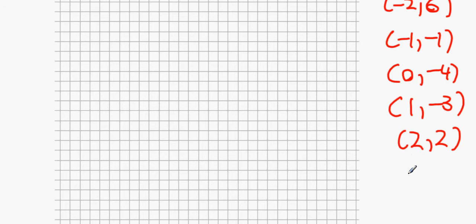Okay, so unlike the linear equation we did a second ago, with these ones you can't just join the first and the last point together. You actually have to do them individually.